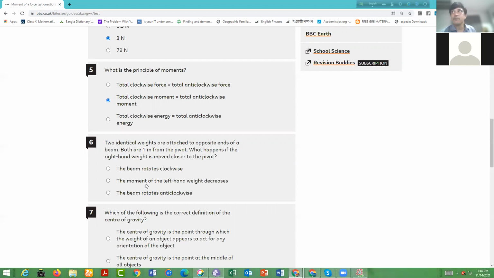Think about it once again. The right hand weight is moving closer to the pivot. Draw the diagram. What is their force?